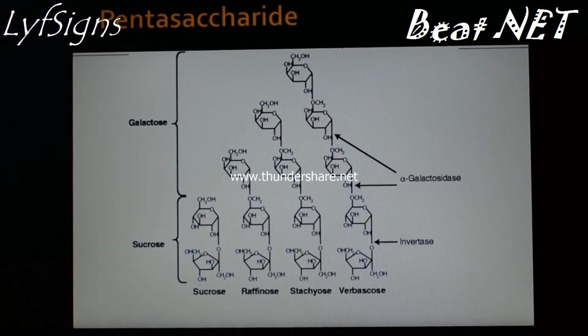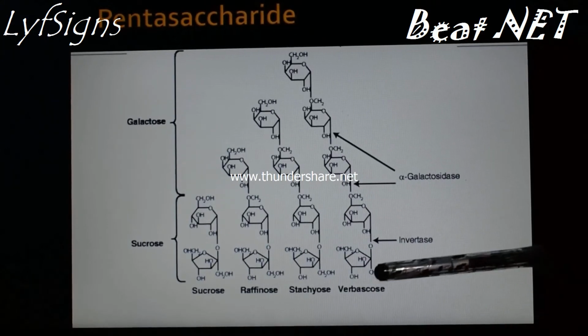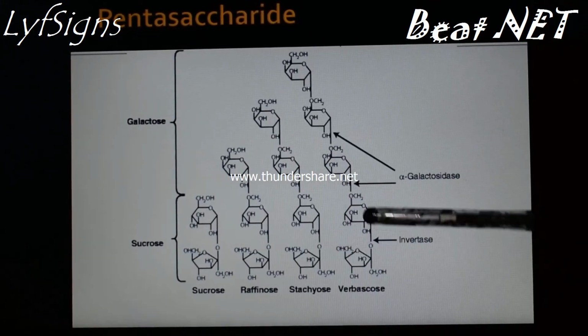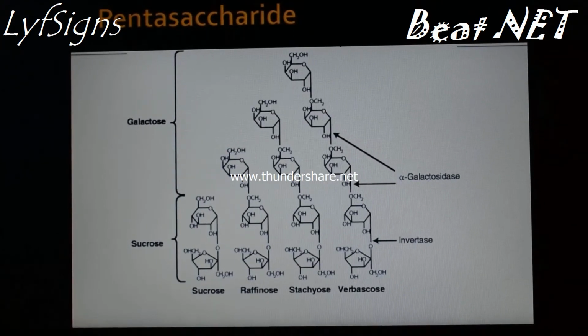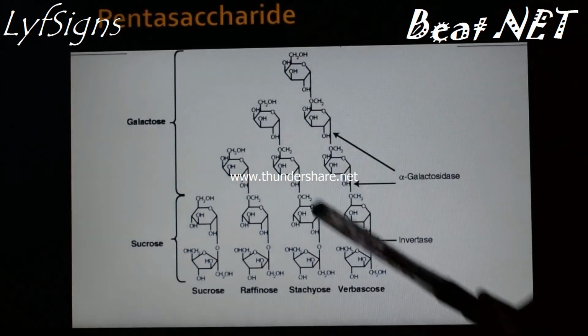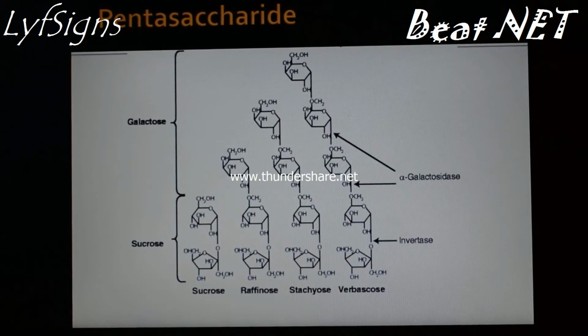Now when you come to the pentasaccharide, an example is verbascose. Here you can see this is a basic sucrose unit, and three galactoses are added. All the additional units added are galactose. So here you have sucrose, raffinose, stachyose, and the pentasaccharide verbascose.